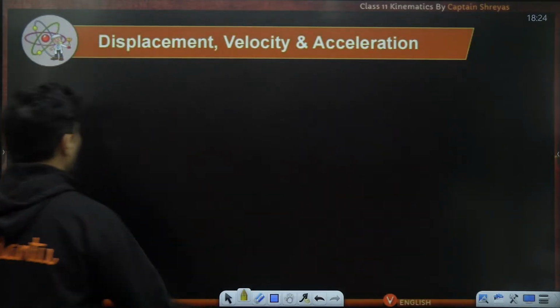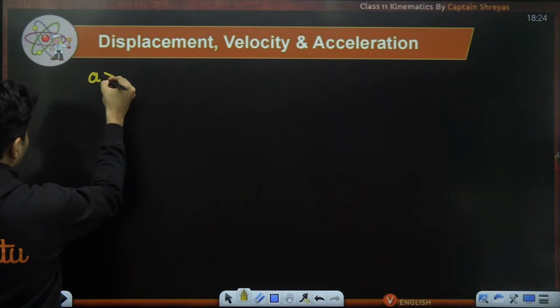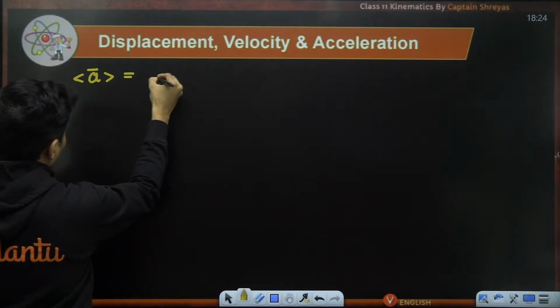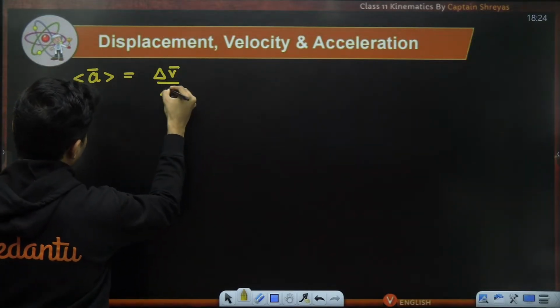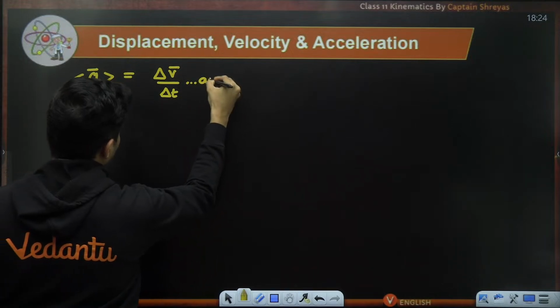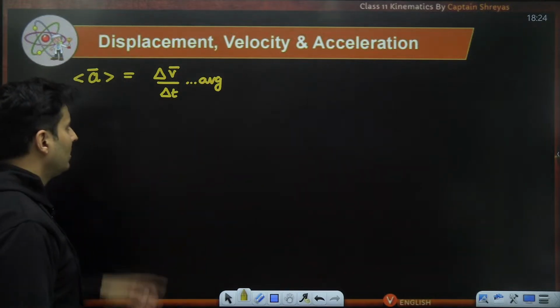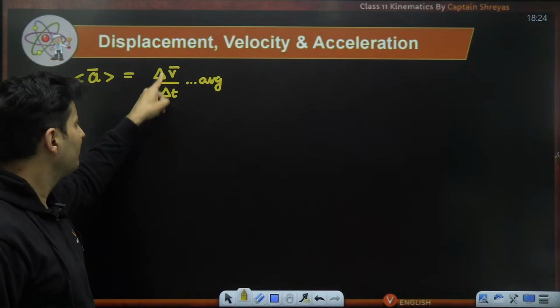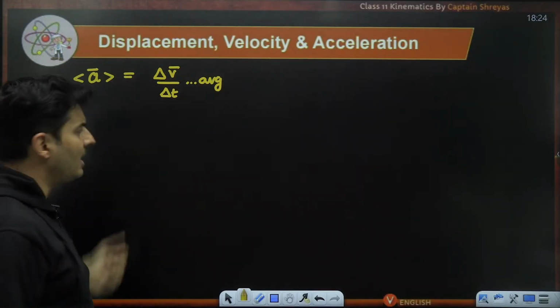Why not? Average acceleration was a big change in velocity upon a decent time interval.